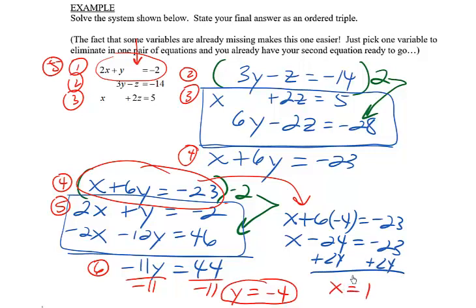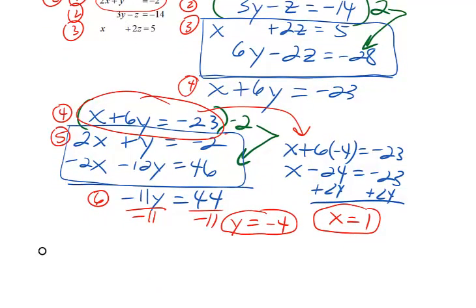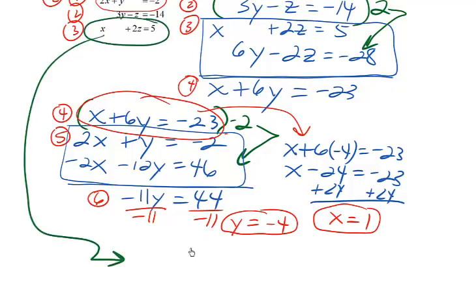So there's my x value, and then the last thing would be to figure out the z. I'm going to have to go back to one of the equations that has a z in it. That's typically equations 1, 2, or 3, although of course in this case equation 1 doesn't have a z, so I think I'm stuck with either equation 2 or equation 3. How about equation 3? Either one will work. They both have to work because we're looking for numbers that work in all of the equations.